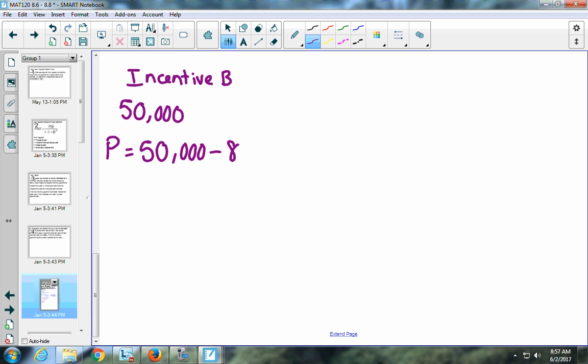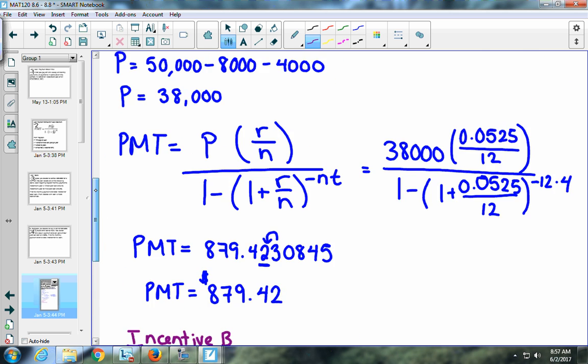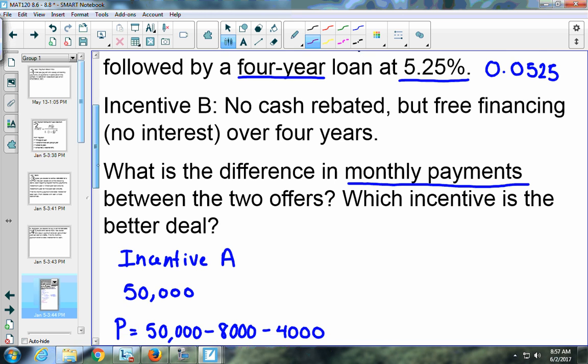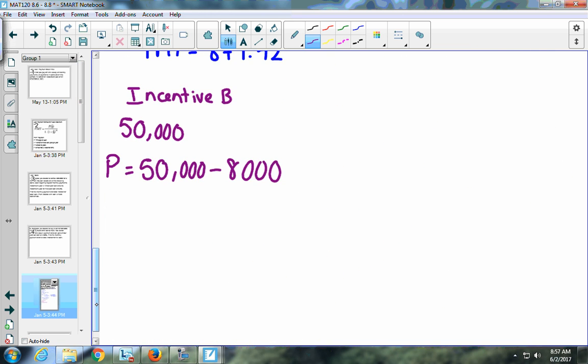We still have our $8,000 down payment. And if we look back at incentive B, there's no cash rebate. So the only thing I'm doing is subtracting that down payment. That means my principal is going to be $42,000.